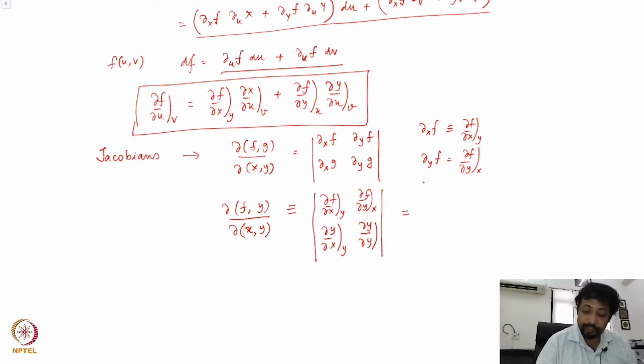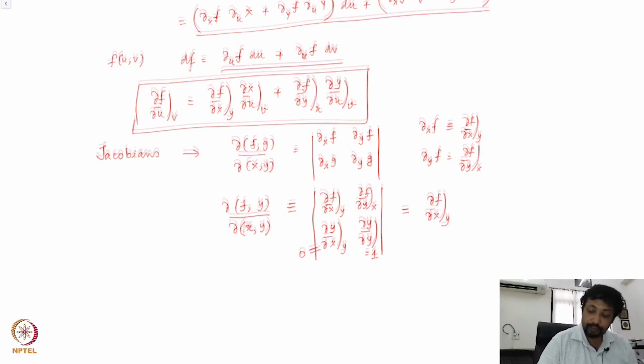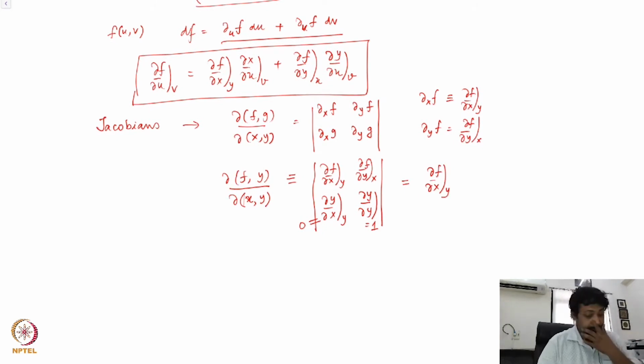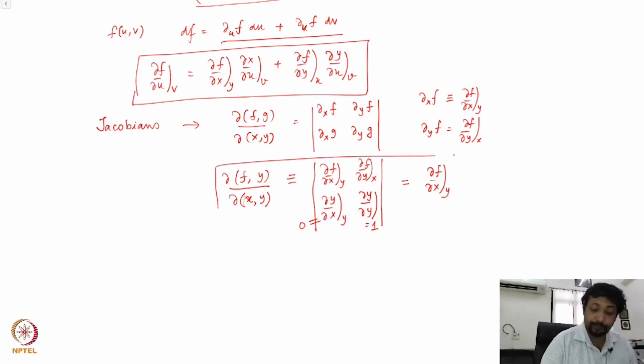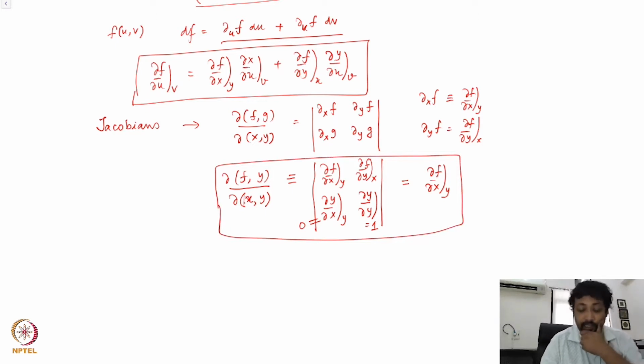This determinant has del y del x equal to 0 and del y del y equal to 1, so it's just del f, del x, y constant. So we are going to repeatedly use this relation that del of f comma y, del x comma y is equal to del f, del x, y held constant.